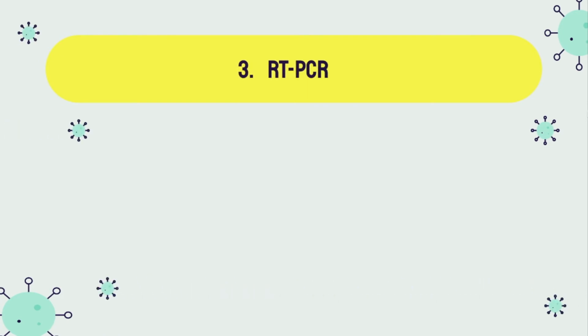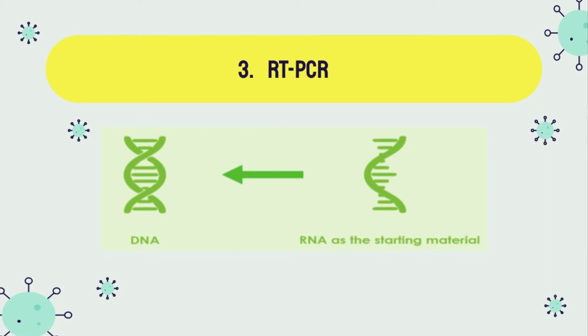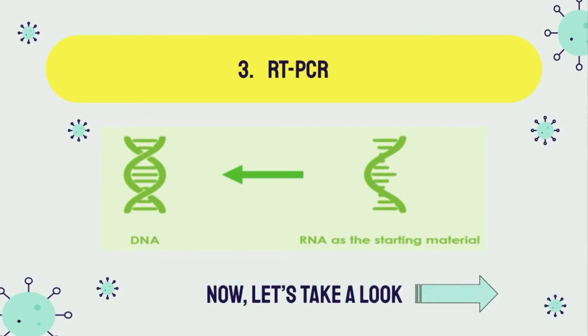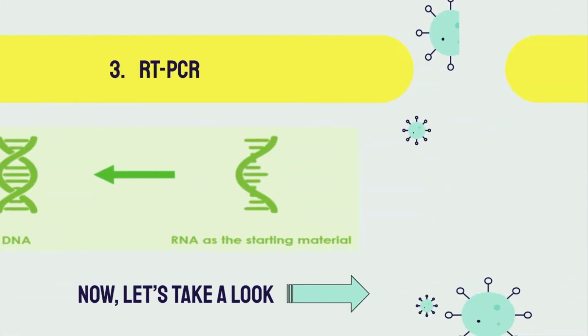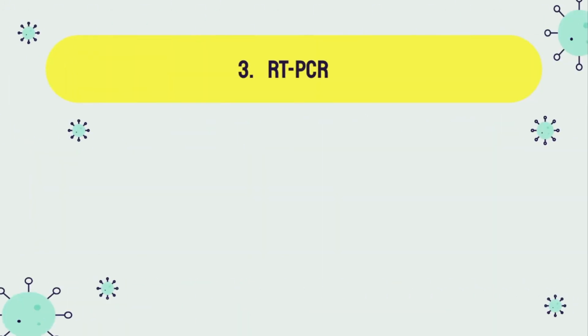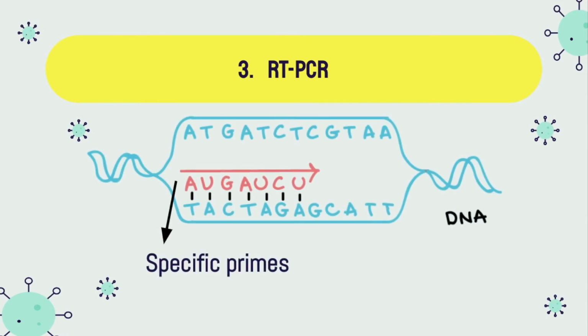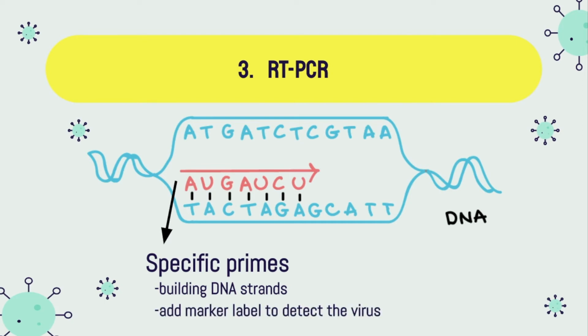In this step, the RNA will then be transcribed into cDNA with the help of a specific enzyme known as reverse transcriptase. The scientists will also add specific primers that are complementary to the transcribed DNA. These primers are used for binding to the DNA strand and for adding the marker label to the strand to detect the virus.